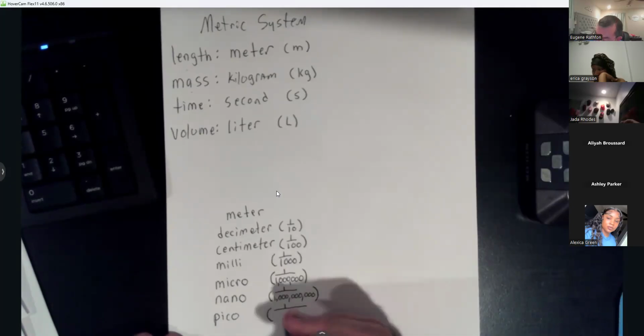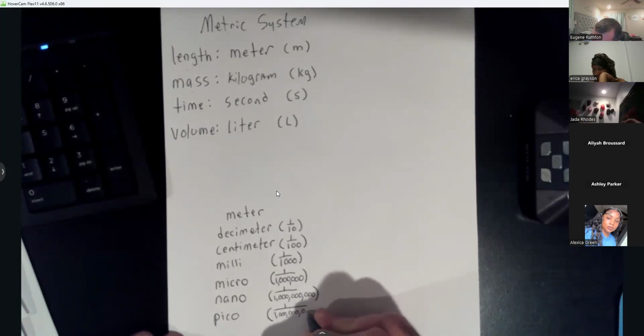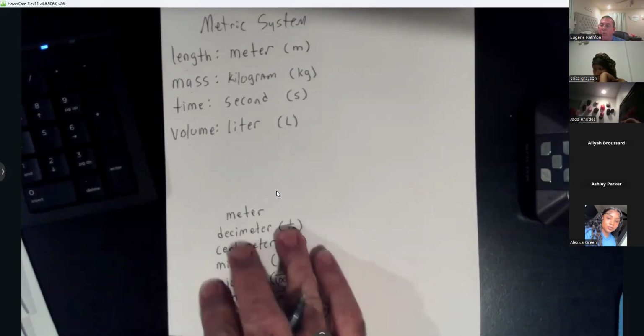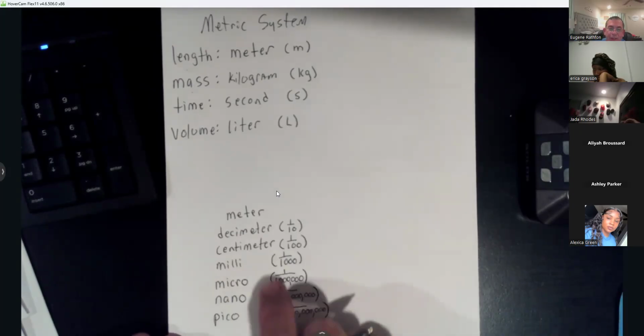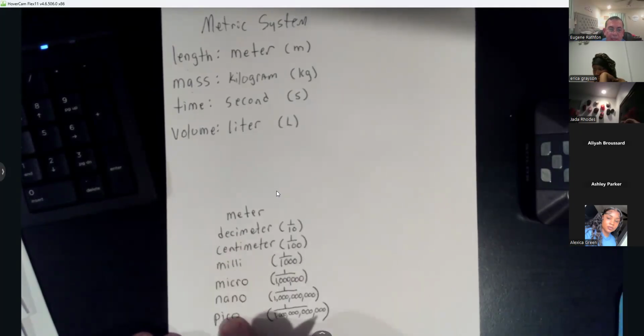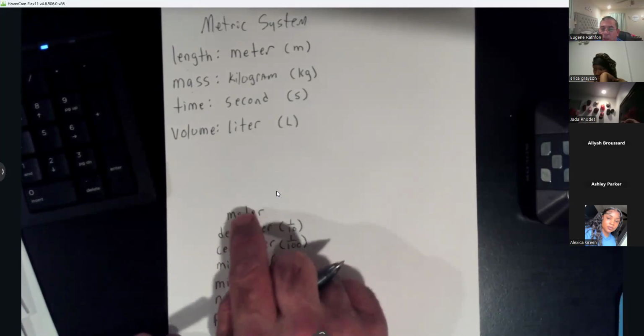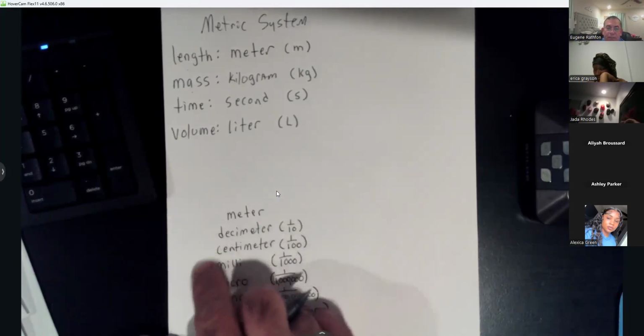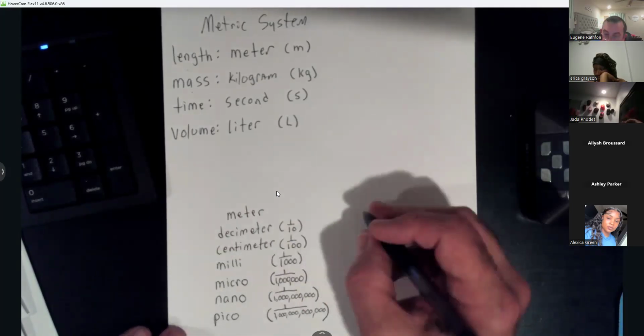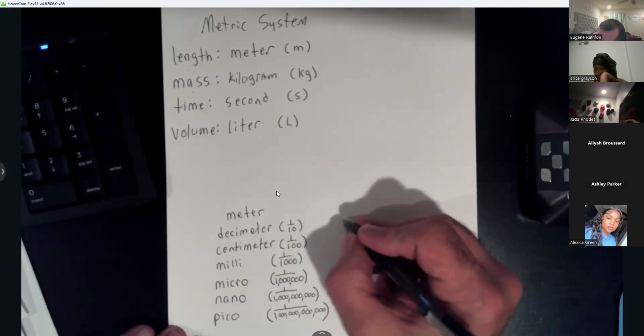So that's got 12 zeros. Now, we're not going to have to worry about these that much. We're just showing you what these abbreviations mean as relevant to the meter. So this is the small side. These are getting smaller as we go down.